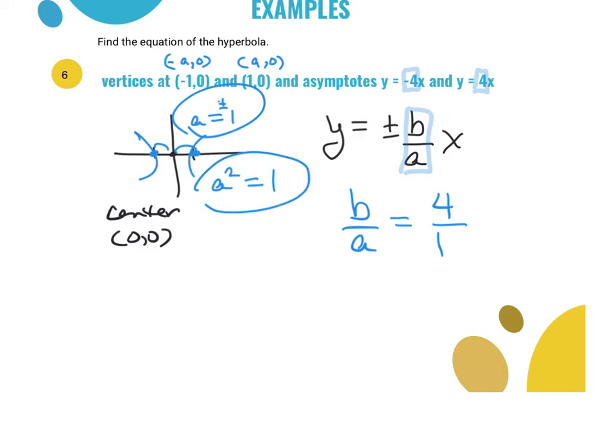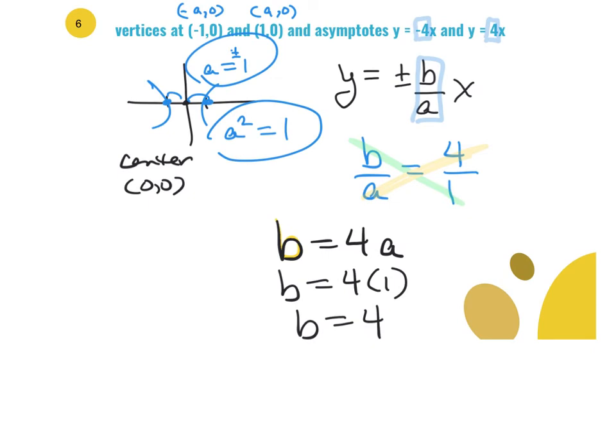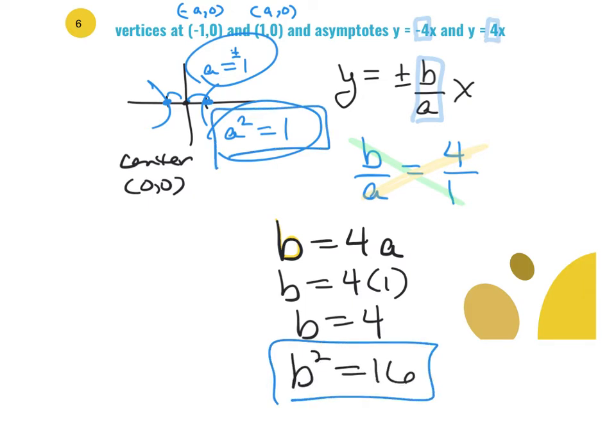So I'm going to treat this as a proportion, b times 1, 4 times a, so b equals 4 times a, and I already know that a equals 1, so I can plug that in there, so b equals 4. So b squared equals 16.